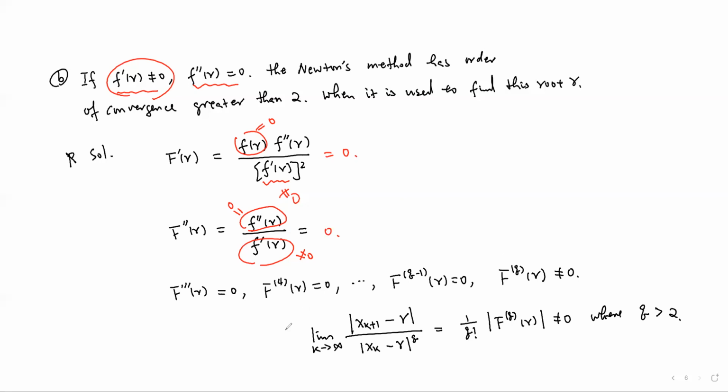In other words, if at this root R these two conditions are satisfied, and Newton's method is convergent to this root, then the convergence rate is at least order 3, greater than 2. So done.